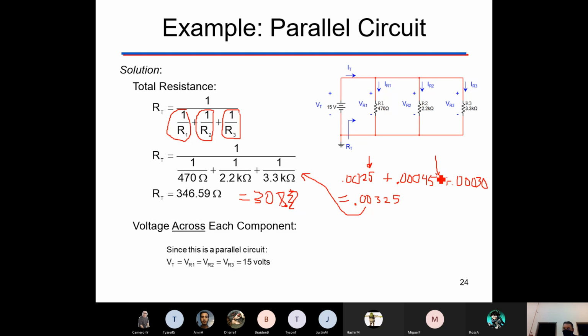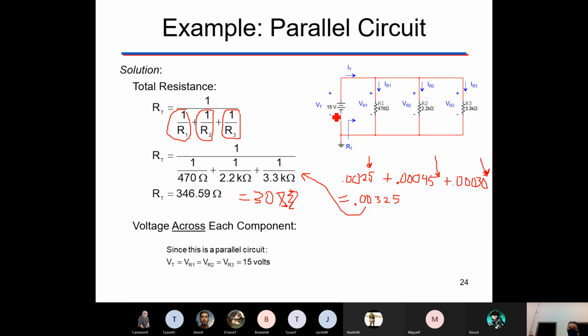We had some rounding issues here, and this one also has some rounding issues. But anyway, that's how you would get your total for your resistor. This is where most people go wrong.